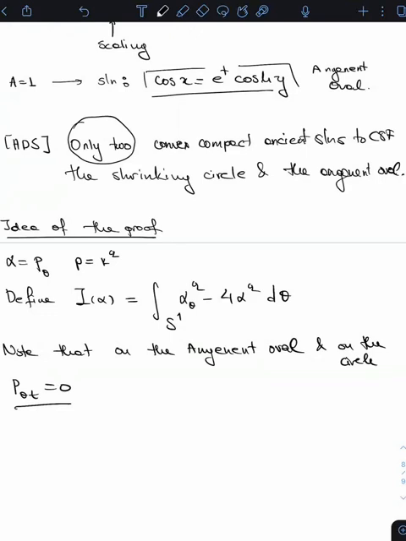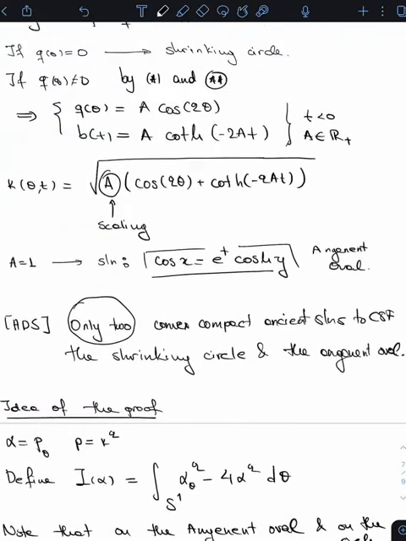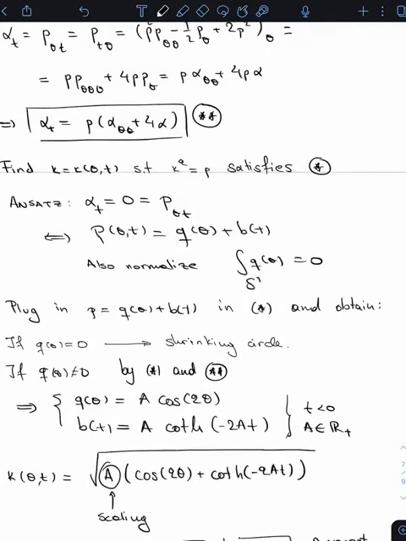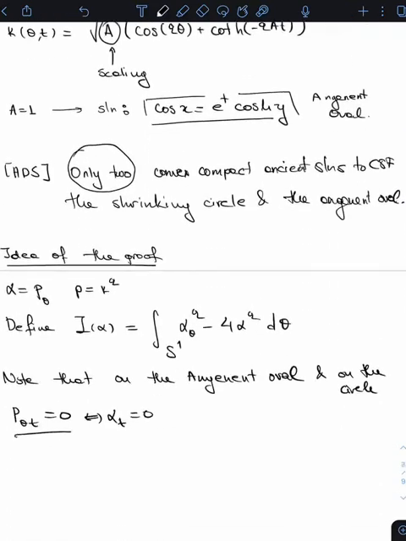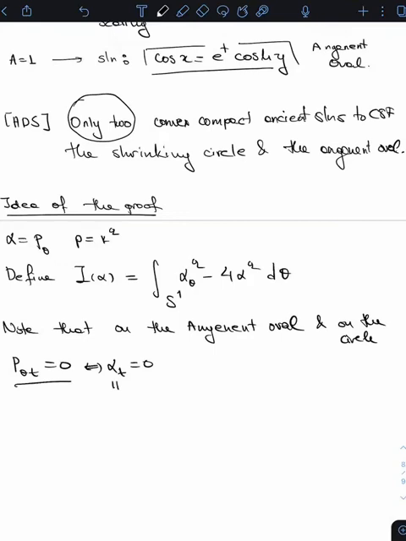P theta is alpha, so this is the same as saying alpha t is equal to 0. Now if we go back to when we computed the evolution of alpha, this is equation double star here. We have that alpha t is equal to p alpha theta theta plus 4 alpha. Okay, this is double star here.